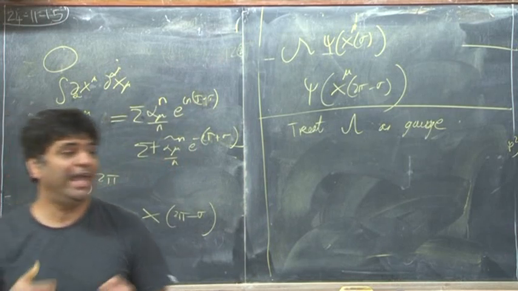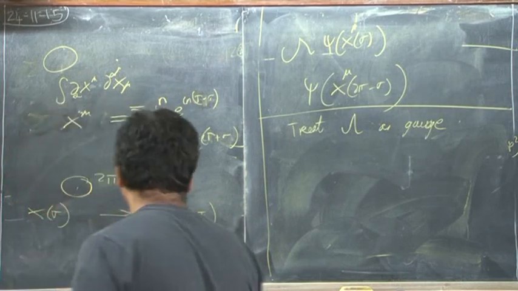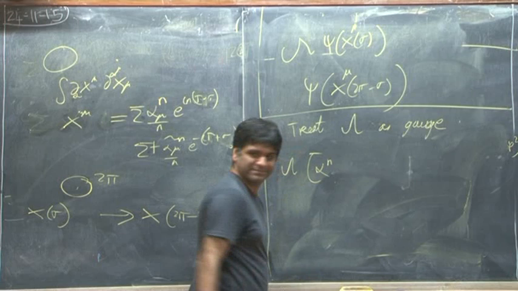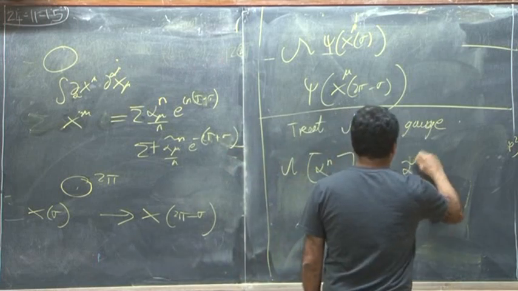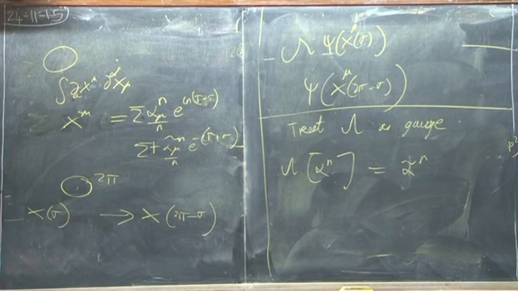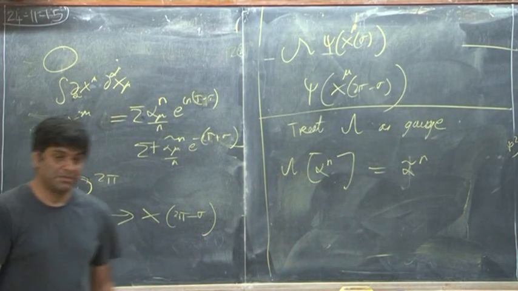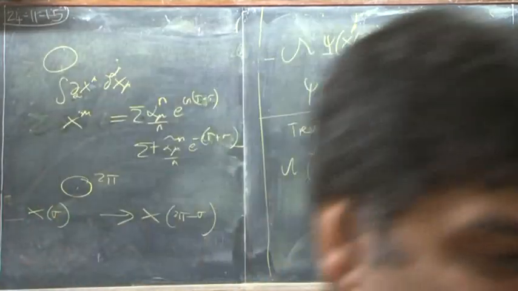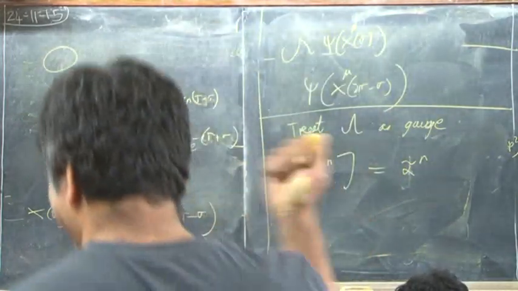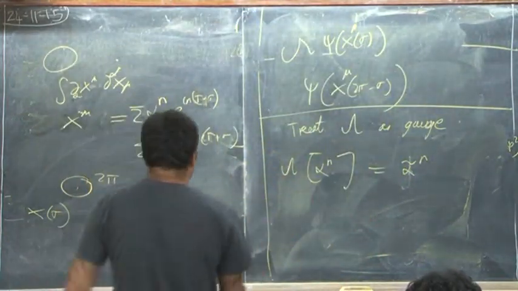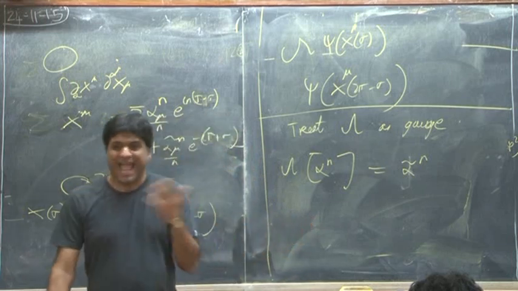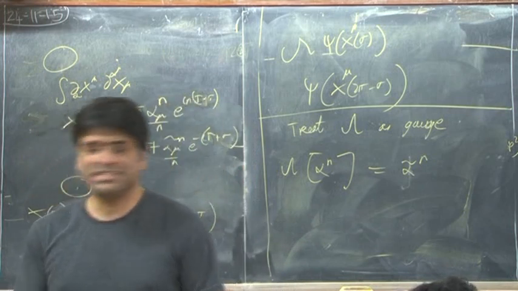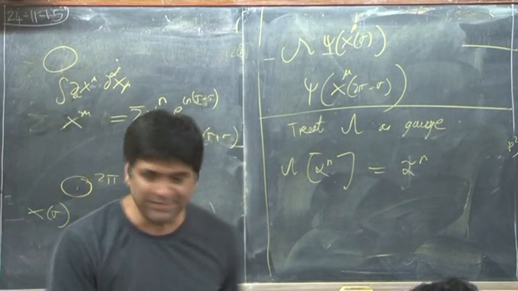So you see, in its action on oscillators, Ω acting on α_n is α̃_n. This is clear? So we understand now how orientation reversal, this gauge symmetry that we're going to gauge, acts on the oscillators of the closed string. It just takes a left mover to the corresponding right mover and vice versa.